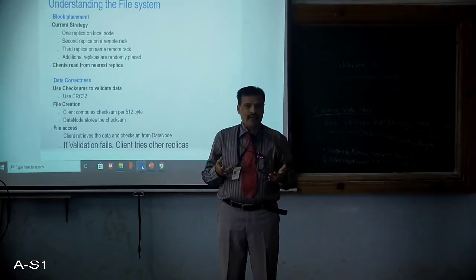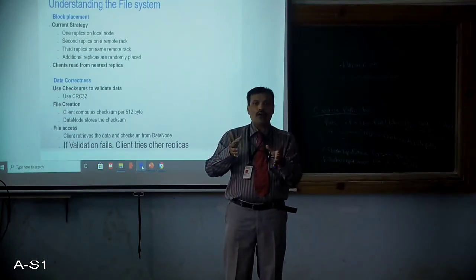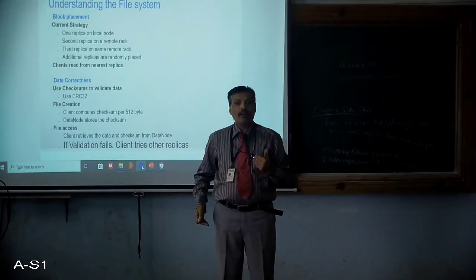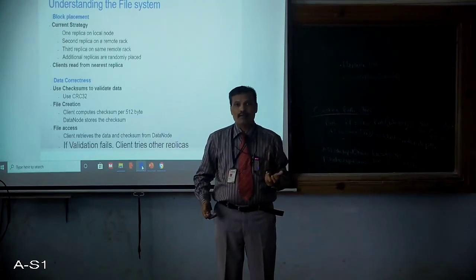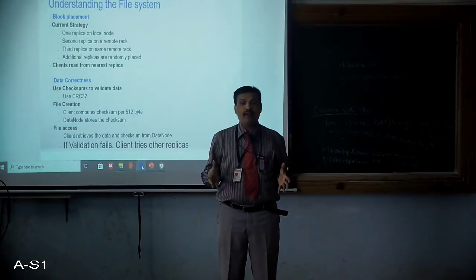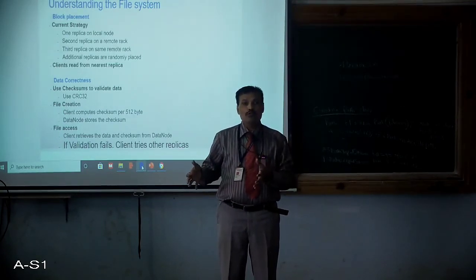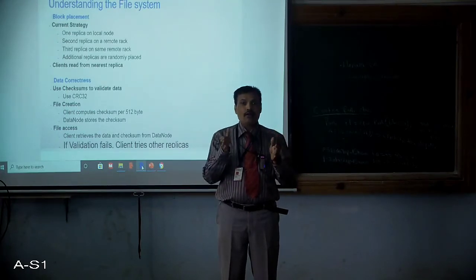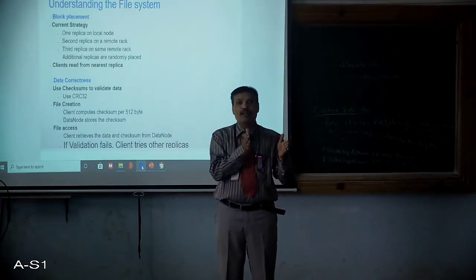Because if any one rack or a data node fails, we need not stop the processing here. In this case, streaming of huge data is very important. We need not lose that data, and time is also very important, at what time the data is being collected.